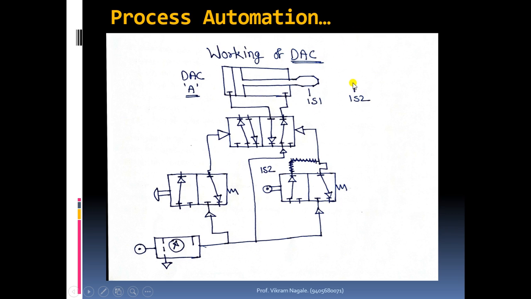Whenever it stops here, you can see it. You cannot see the movement; you can see the rod end at 1s1, and for the next fraction of a second it will be at 1s2. So obviously it will move with high speed, and this is okay.